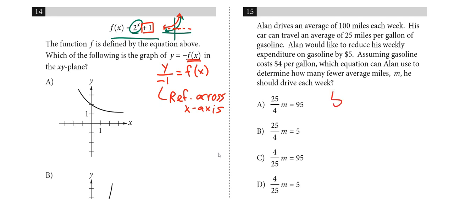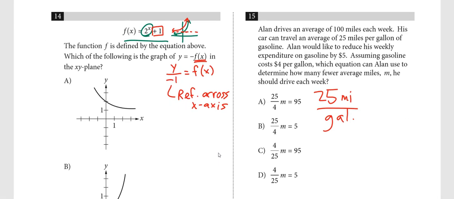So right now he's getting 25 miles per gallon of gasoline. Now, this is another one where they word it oddly.